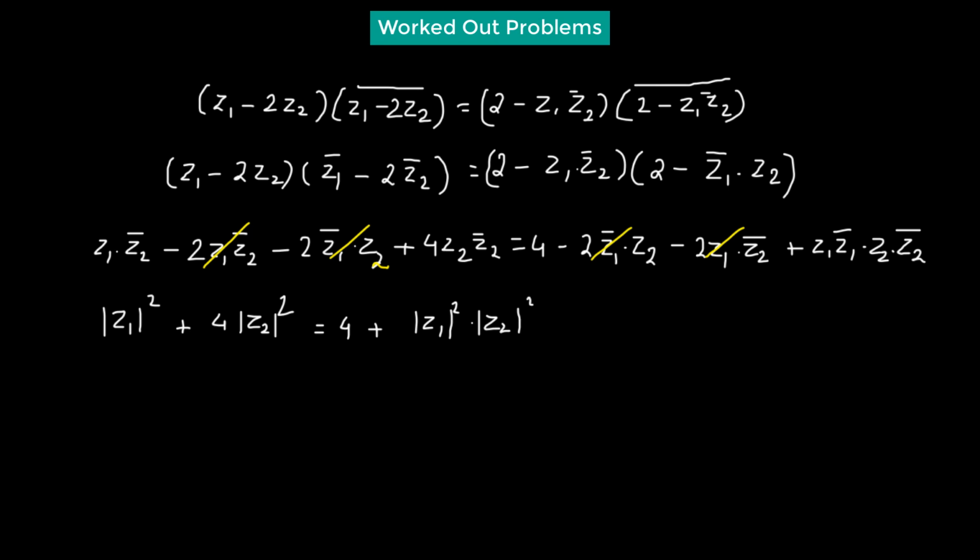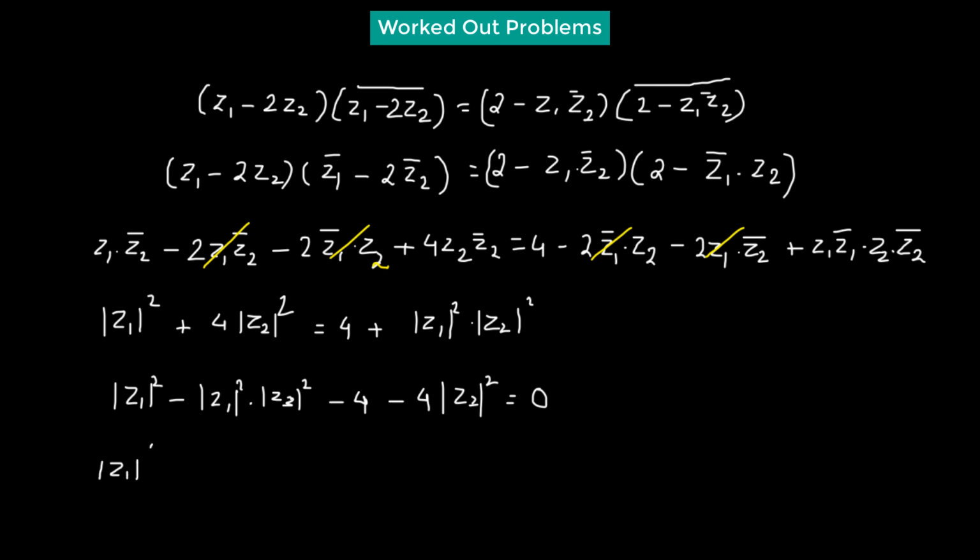Now we bring all the terms to the left hand side. So we have |z1|^2 minus |z1|^2 times |z2|^2, minus 4 plus 4 times |z2|^2, which is equal to 0. Now we can factor out the absolute value of z1 squared from the first and second terms.